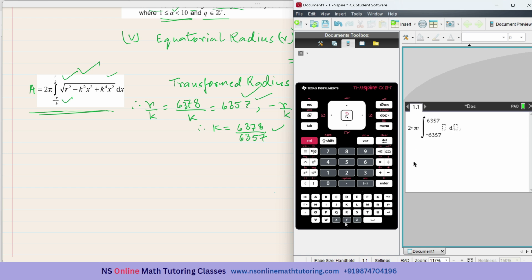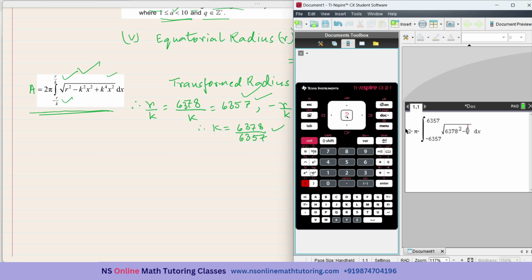Okay. And then we are having the square root of, this can be written as x. Let me write that as x. And this is the square root of r square. What is r? 6378. So it is 6378 square minus k square x square. K is this.